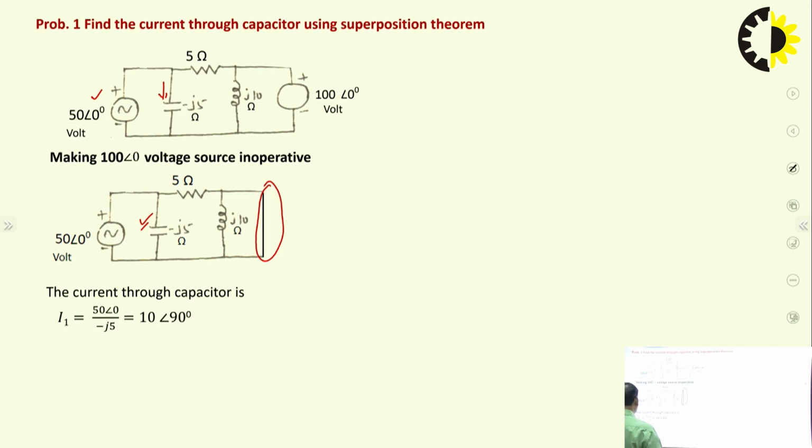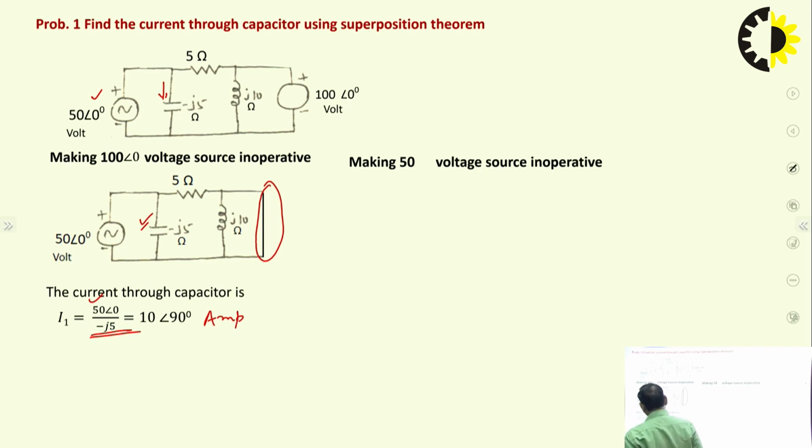This is the voltage across the capacitor and this is the capacitive reactance. So this is the current through the capacitor when the 50 angle 0 degree voltage source is acting, while the 100 angle 0 degree voltage source is replaced by its internal impedance. This is the current, I1, you can say.